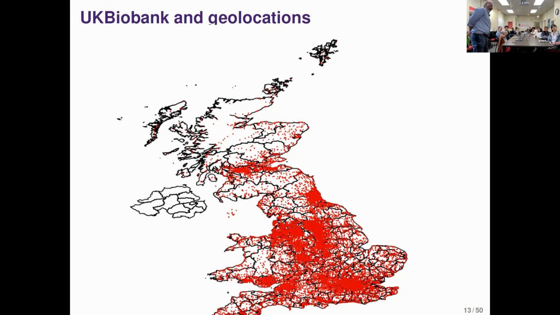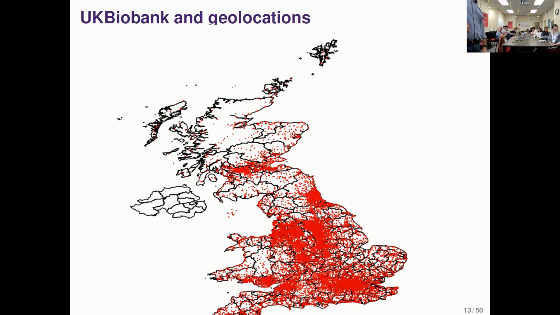What is interesting, and not many datasets have, is some good geolocation. These are the plotted birth locations of individuals. This obviously reflects the density of the population in the UK.